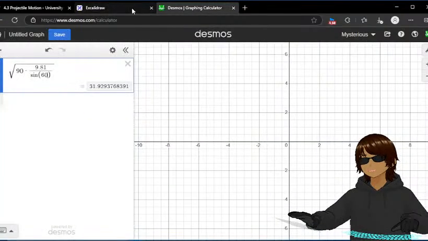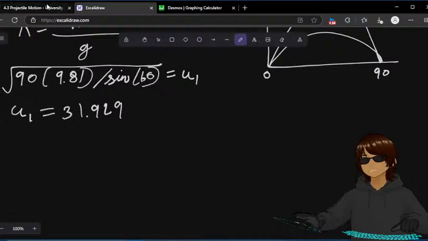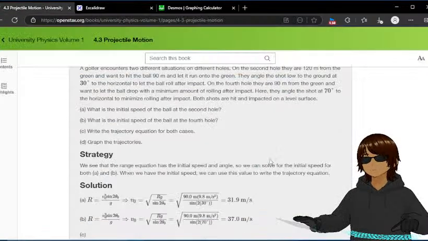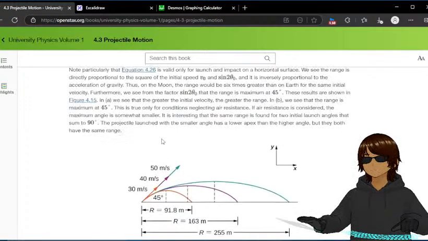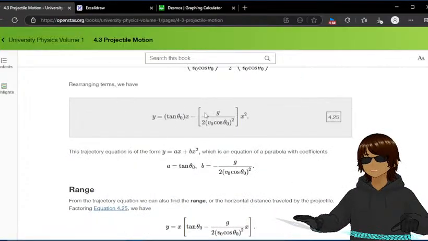Then we have 31.929. And same for the other velocity. Write the trajectory equation for both cases. So we just map this, right?